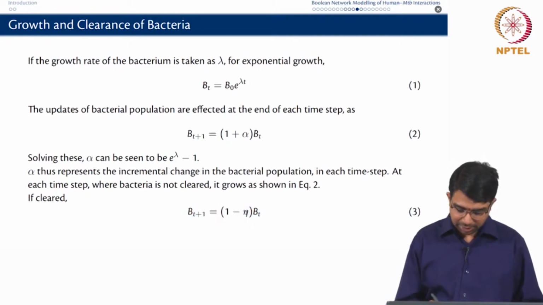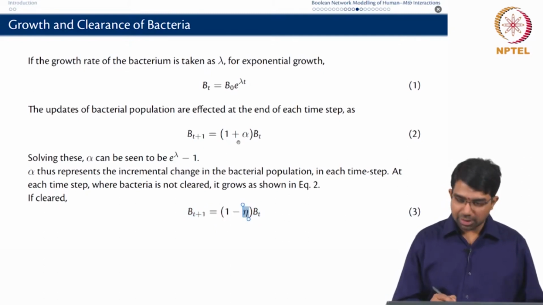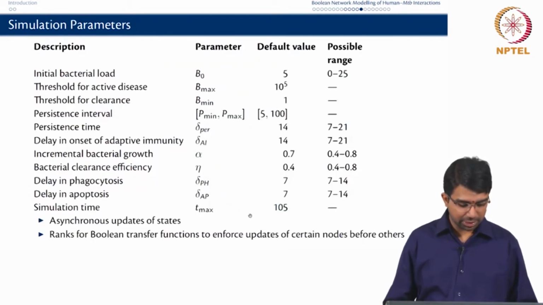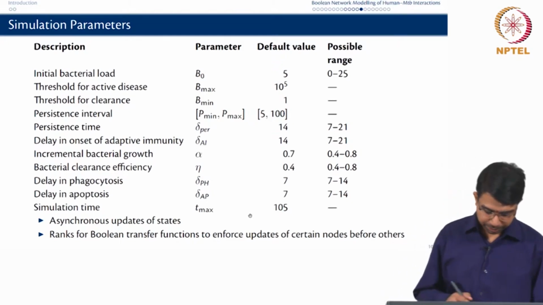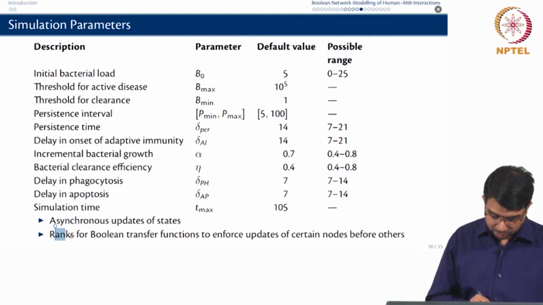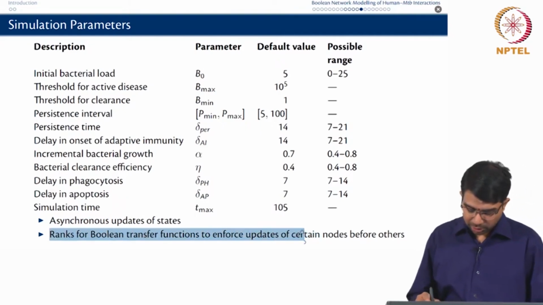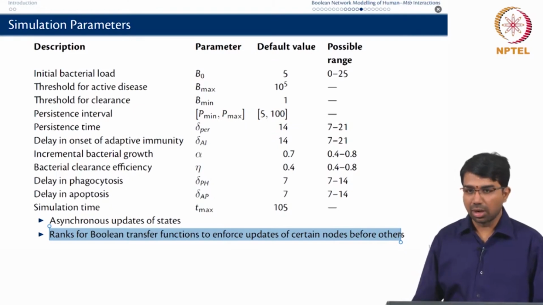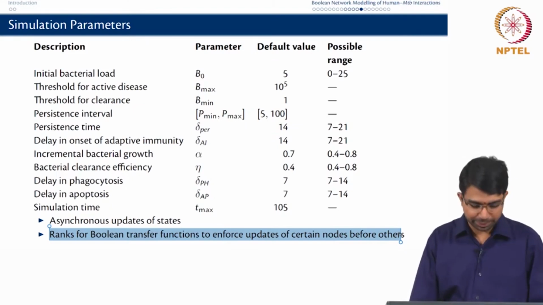This is like a clearance efficiency and so on, which depends potentially on any drugs that are being taken and things like that. We used an asynchronous update, and we also had ranks for the Boolean functions to enforce update of certain nodes before the others. We saw how that works in BooleanNet in the previous lab.